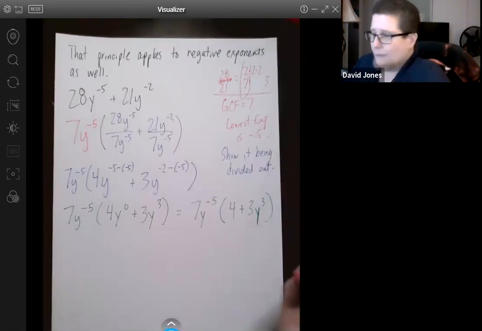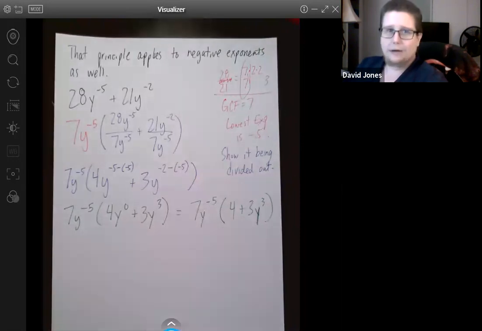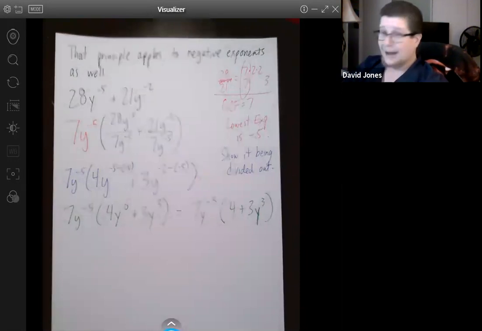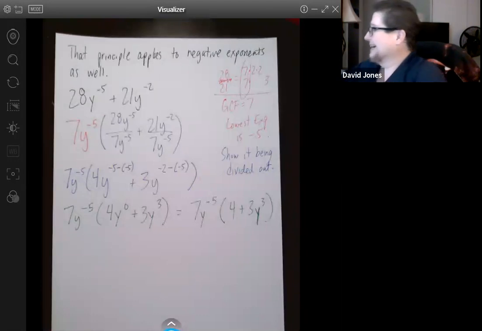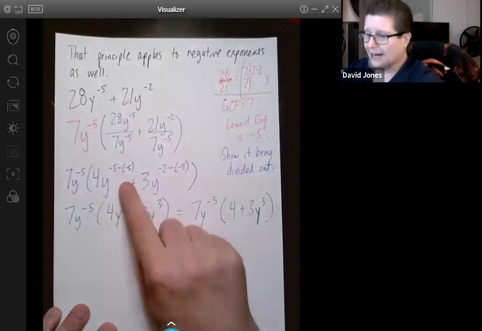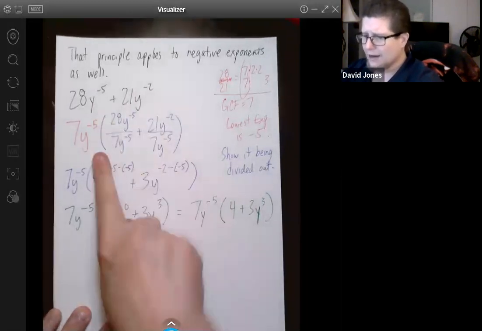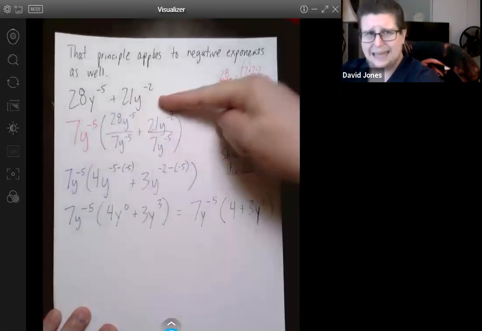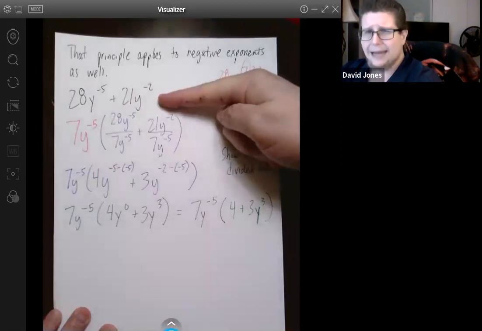Okay? I did write this out because I wouldn't recognize that's y cubed. If you do, more power to you. Much respect. I don't. And so don't be ashamed or embarrassed if you don't either. Write out what's going on. This is a little scary, factoring that out, right? Factoring out a y to the negative 5 is scary, intimidating.